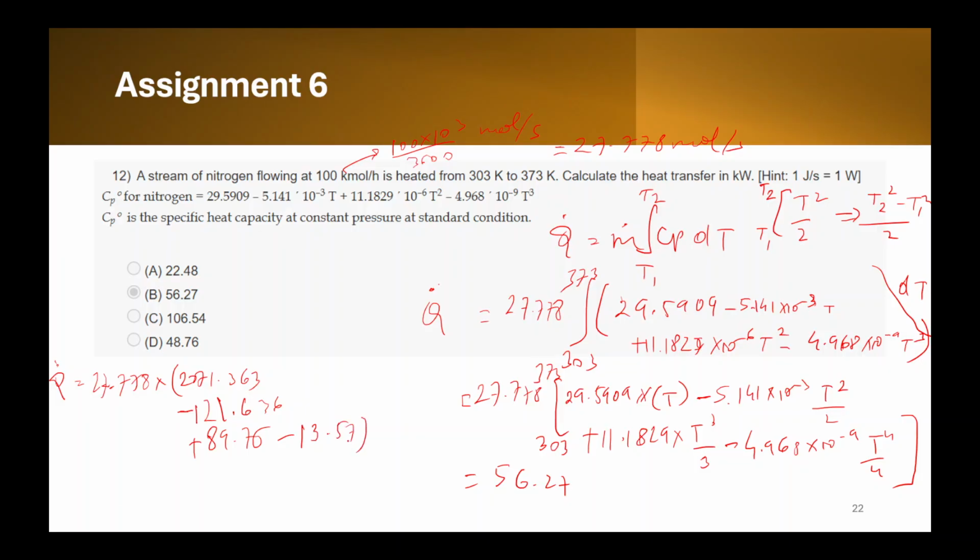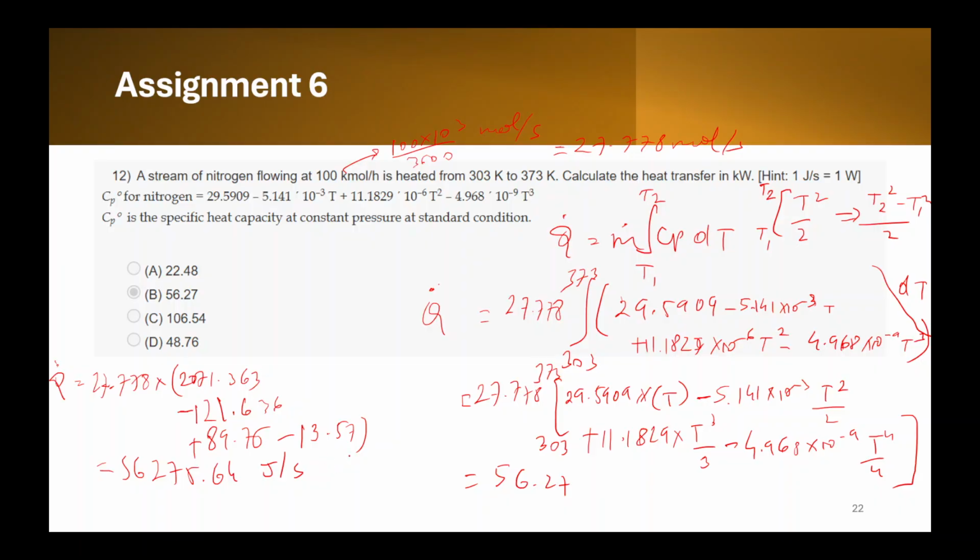If you solve this, you get your answer as 56,275.4 joule per second.